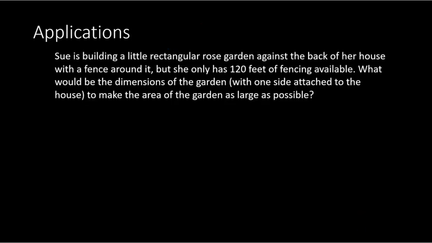Here's one example where we are told that Sue is building a little rectangular rose garden against the back of her house with a fence around it, but she only has 120 feet of fencing available. What would be the dimensions of the garden, with one side attached to the house, to make the area of the garden as large as possible? To answer this question, it is going to require a quadratic function.